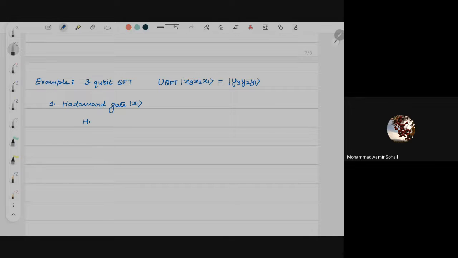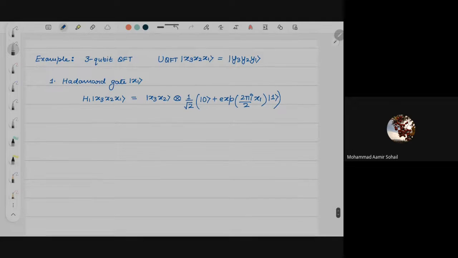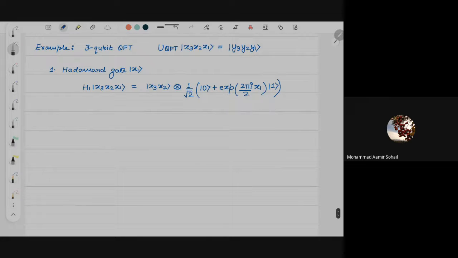So this will be the Hadamard on X3, X2, X1, and that will be X3, X2 tensored with 1 over root 2, 0 plus 1 and so on. This will be the state after H1 acts on the state X3, X2, X1.